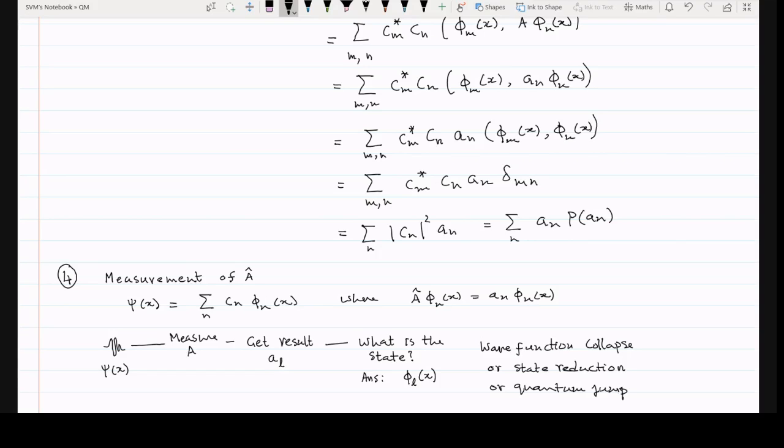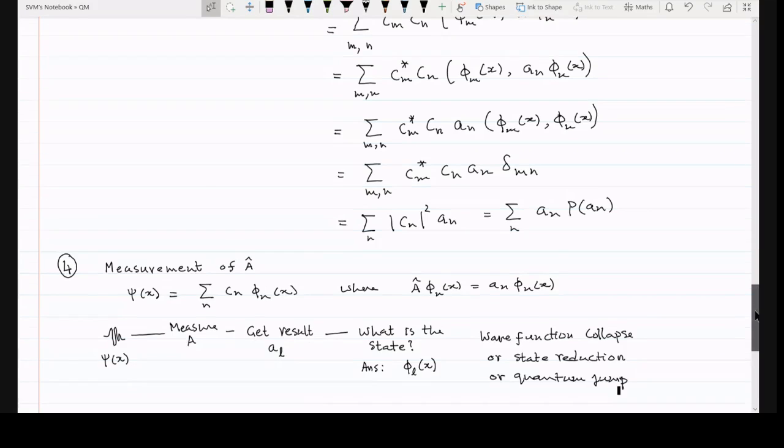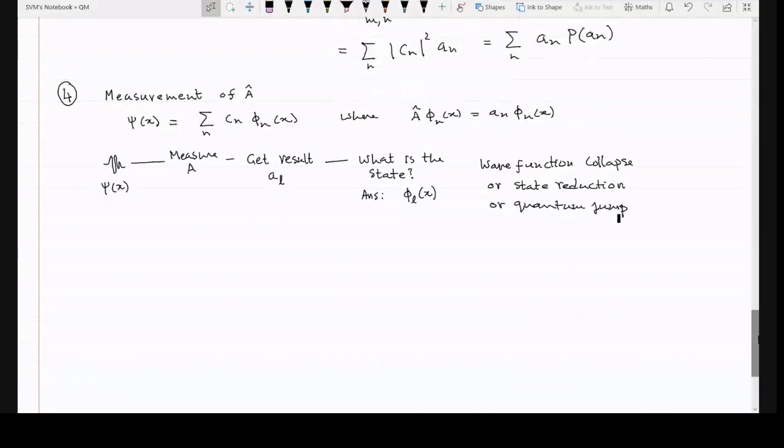So wave function collapse, quantum jump, or state reduction. The point is very simple to understand, and you can see it in the following way.